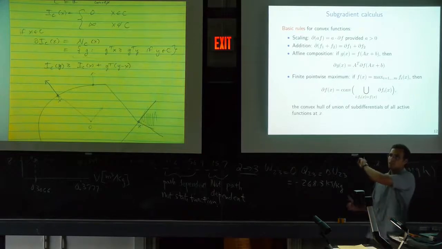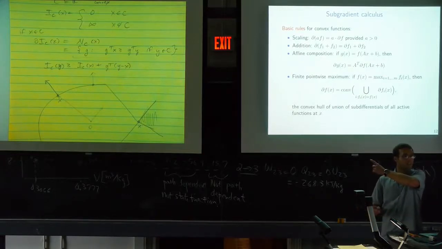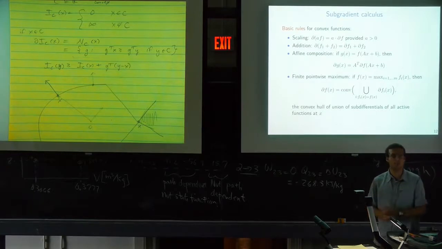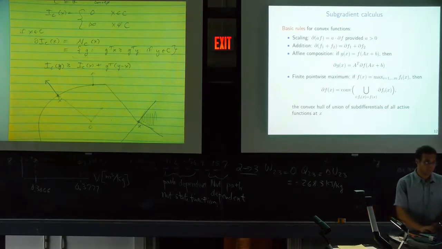It has to be positive because, well, currently we're thinking about convex functions, so if it was negative, it would make it concave, right? So that wouldn't even be within the realm of stuff we consider. Addition: the subgradient of a sum of functions is just the sum of the subgradients. Again, these are pretty natural. It's exactly what's true with gradients.